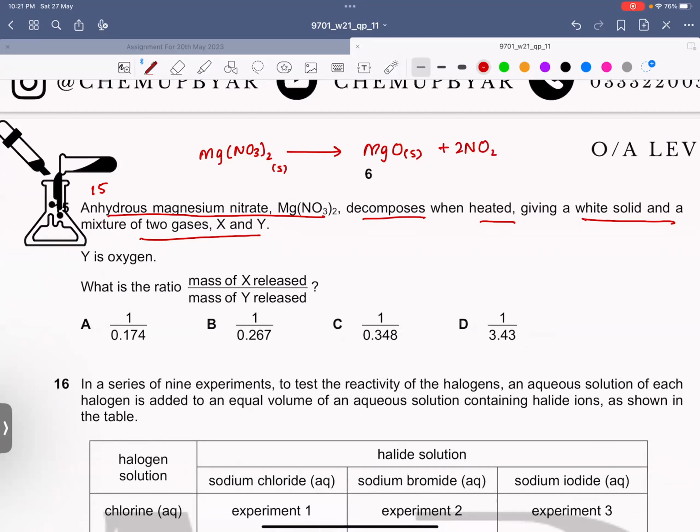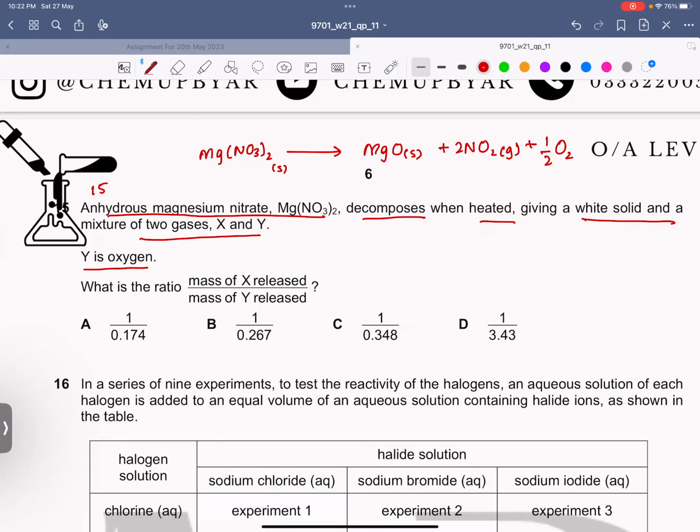There are 2 moles of nitrogen dioxide gas and half a mole of oxygen, right? They have told you that Y is oxygen.